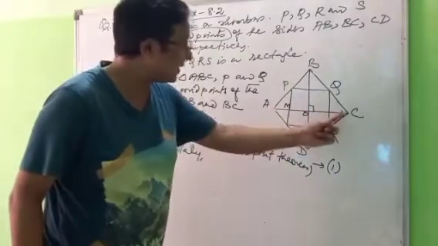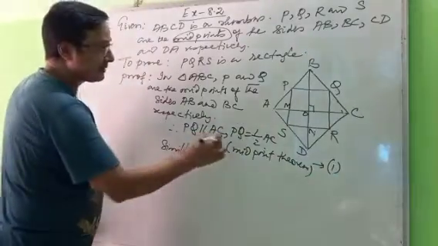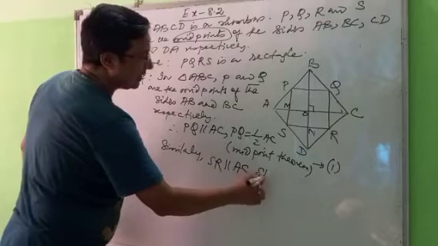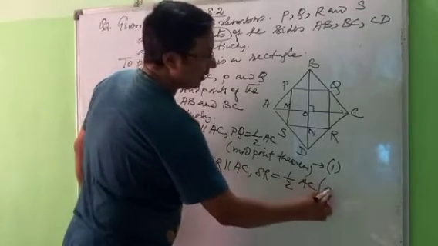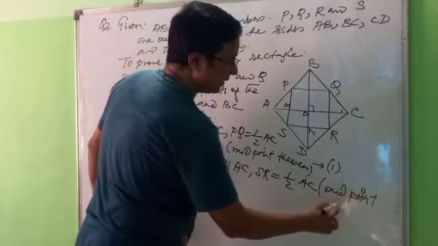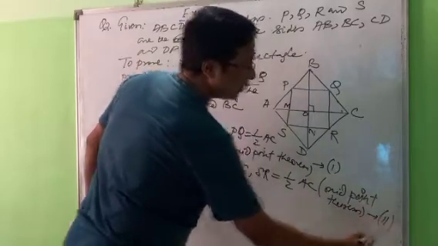The third side is AC because the triangle is ABC. So similarly SR is parallel to AC, then SR equals half of AC. This is also by the midpoint theorem. So this is equation number 2.